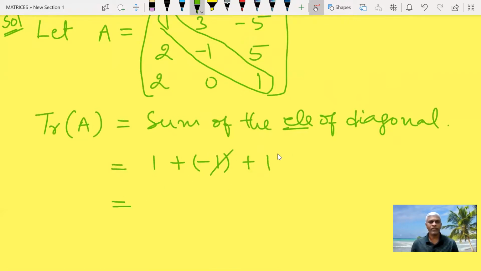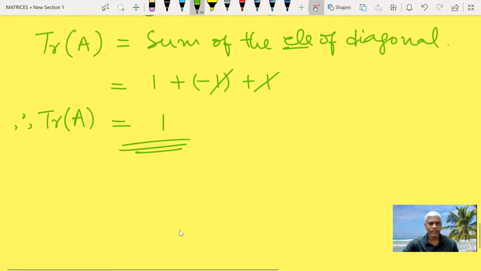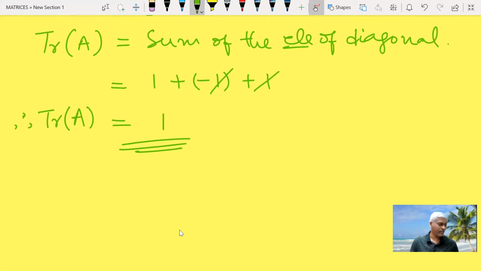Minus 1 plus 1 will get cancelled. So here the trace of the given matrix is 1. Very simple, easy and important concept, the trace of a given matrix.